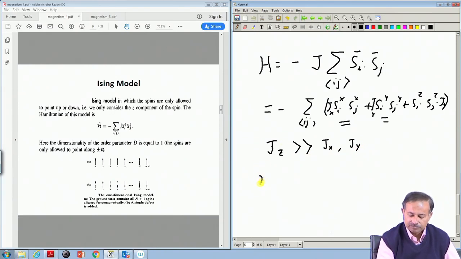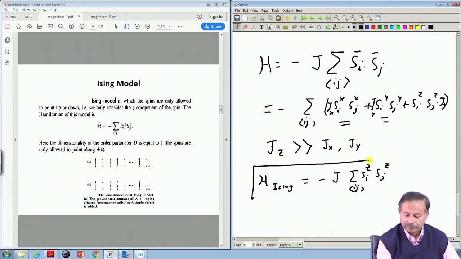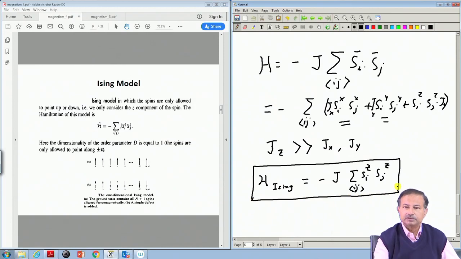So, I will write this as the Ising model: minus J, Si z Sj z, where i and j are nearest neighbors. So, this model is called the Ising model, and it has only one spin component, which is the z component.